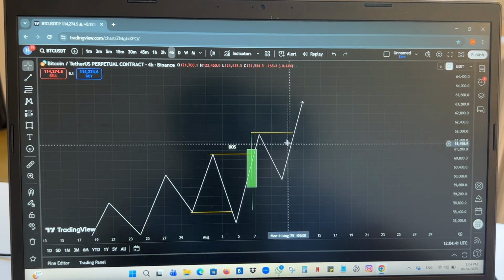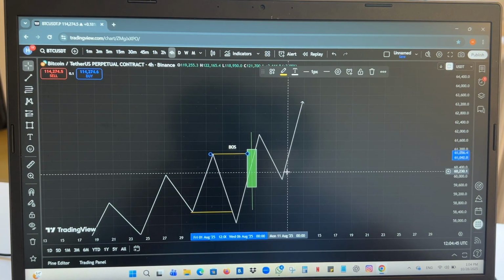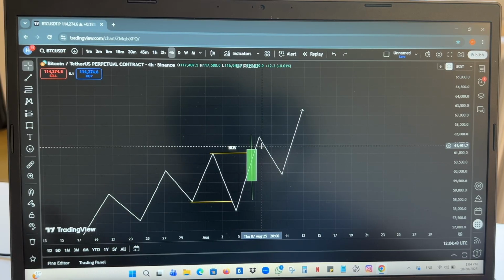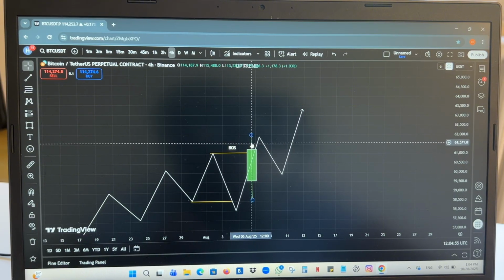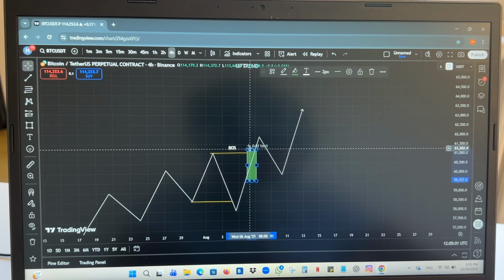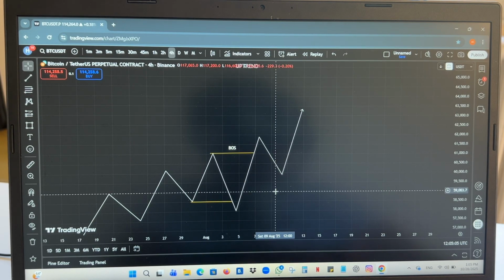So if in this scenario it's touching a body itself somewhere over here, then you don't have to worry about anything. You can identify this as a BOS, and that's it. So that's the theory you need to know about BOS. In this scenario, we will just do this and call it a BOS for now.